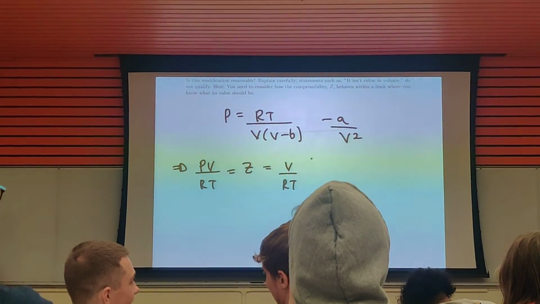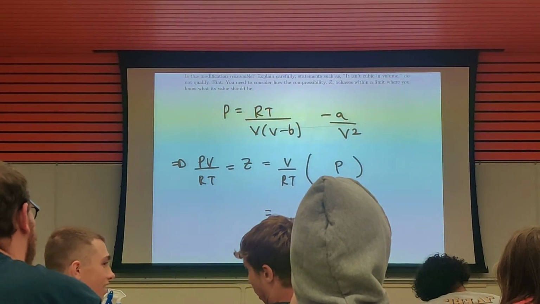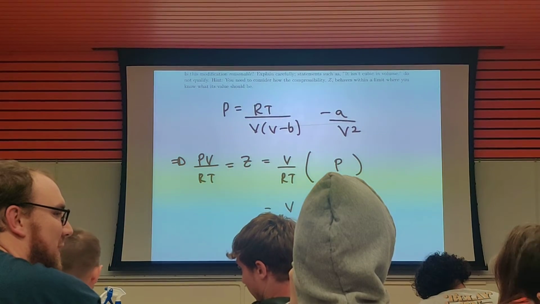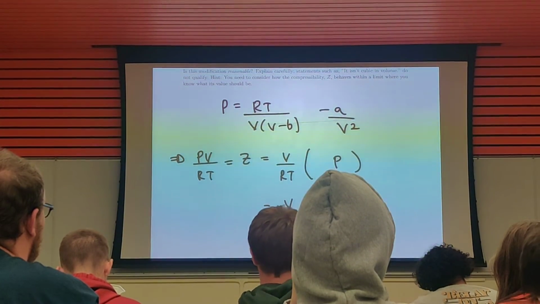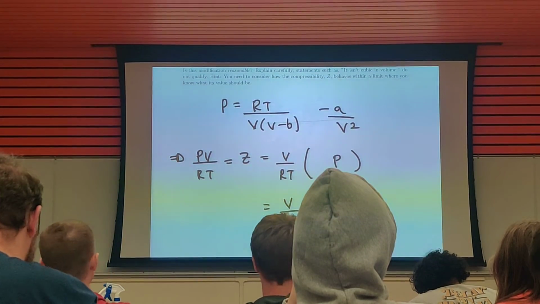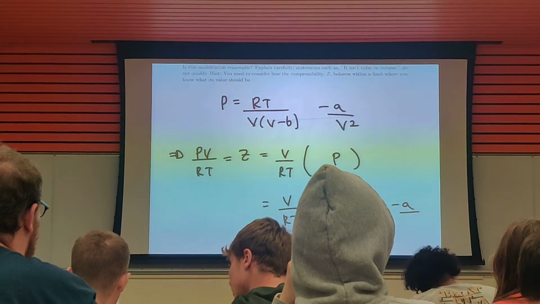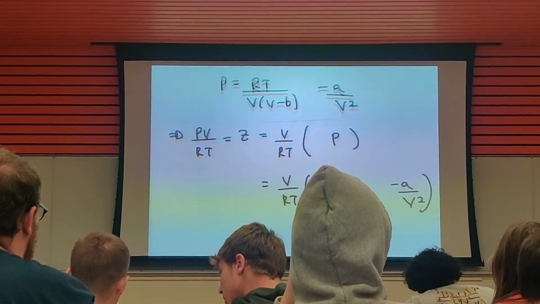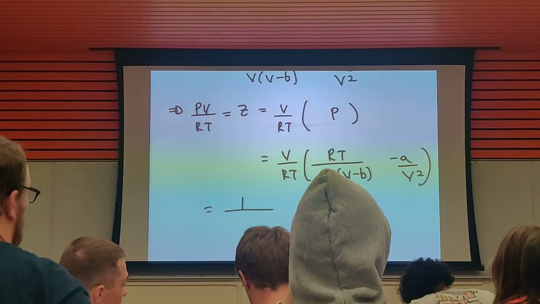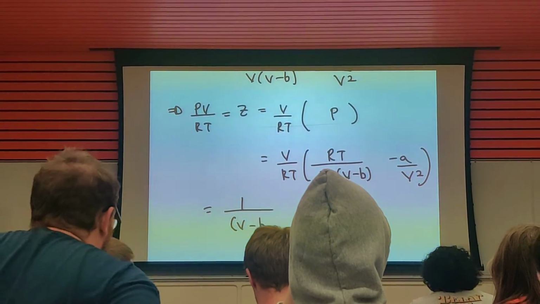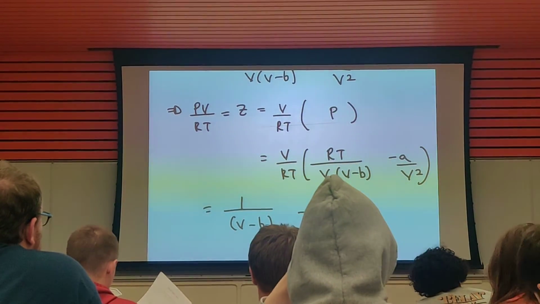So this is going to be P times V over RT, so this can be RT over V minus b minus a over V squared, times V over RT.